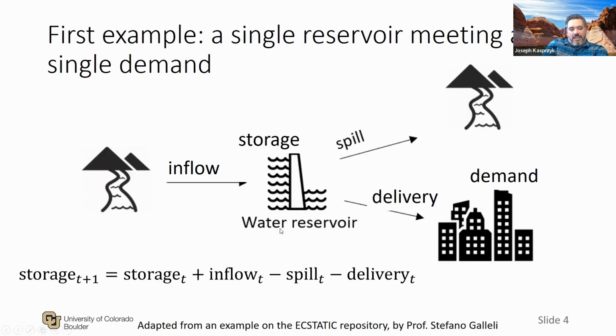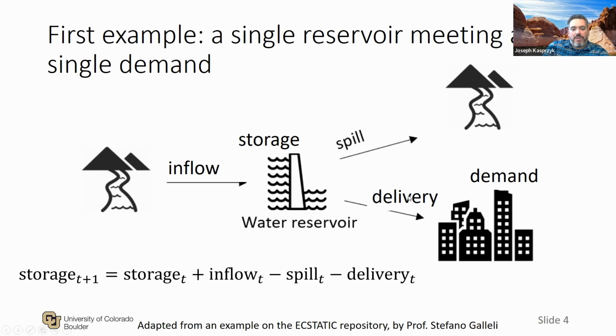There's a single water reservoir that has a particular capacity, okay? And every day that reservoir can maintain a particular amount of storage. The reservoir also has water coming into it as an inflow, and it can release water in two different ways.